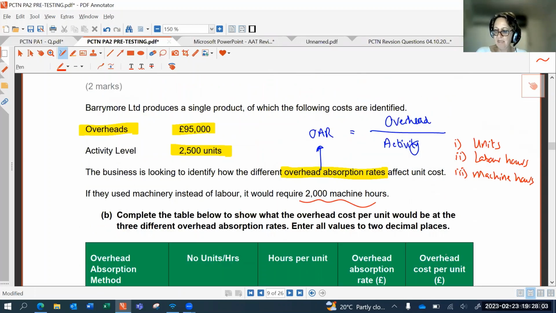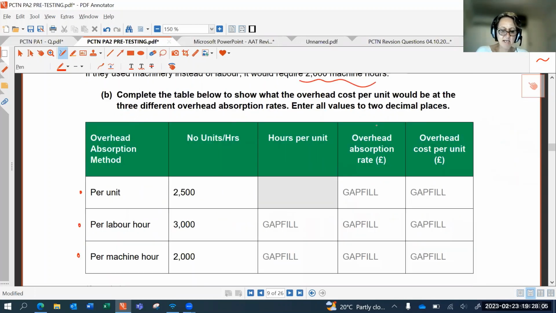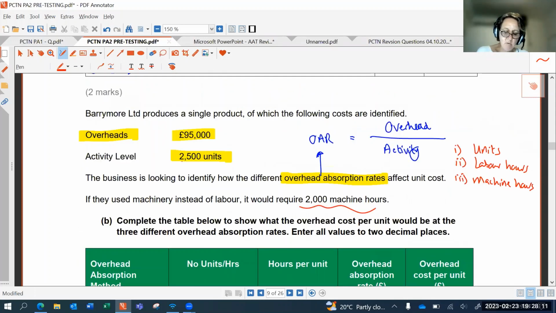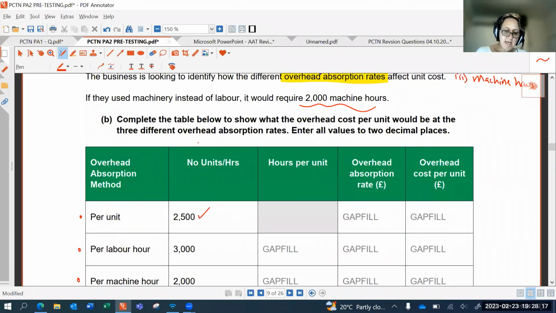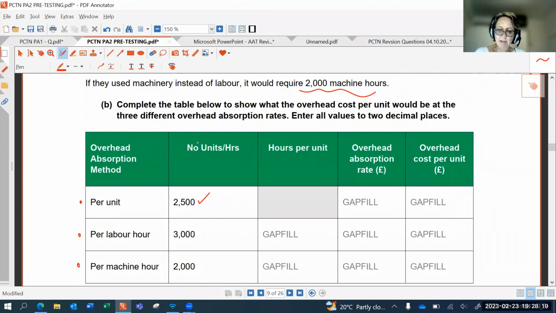I told you that there, but they're now telling me that anyway in the table. They're the three I'm familiar with. I could base it on units. I already know there's 2,500 of them. They've popped that into the table for me, very helpfully. If we use machinery instead of labour, there'd be 2,000 machine hours. They've popped that in the table, and they've also told me how many labour hours would be used as well. So I've got all three criteria in the table.